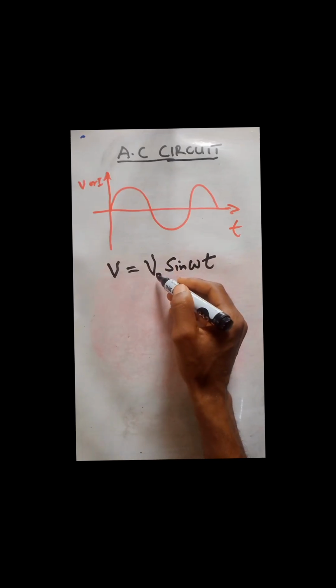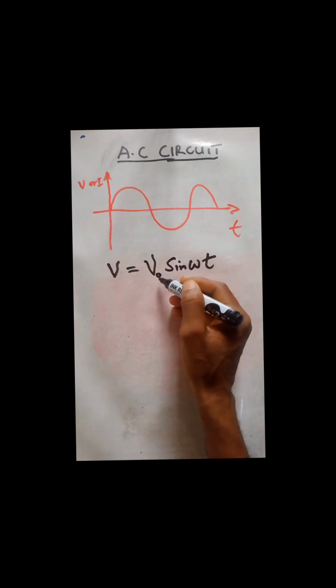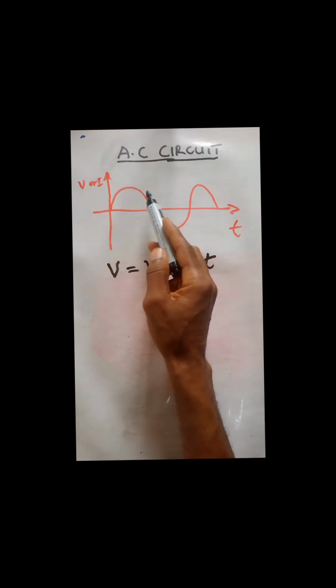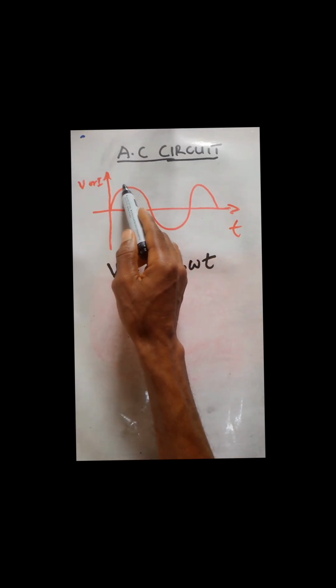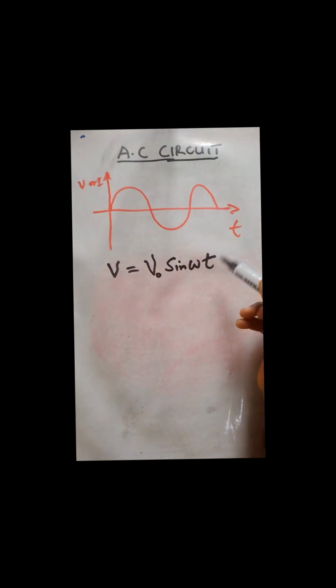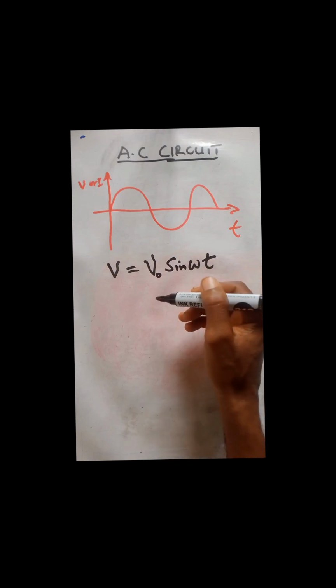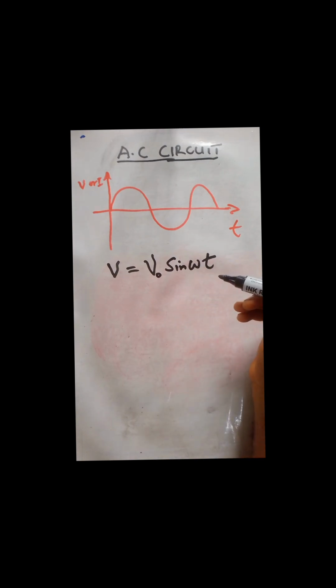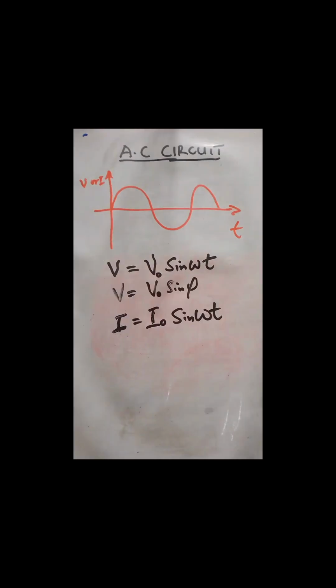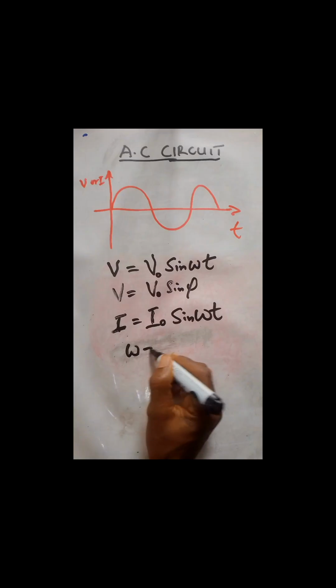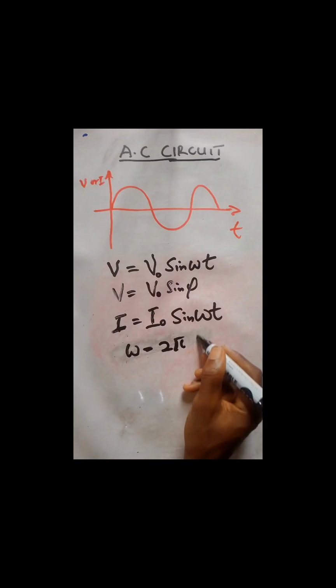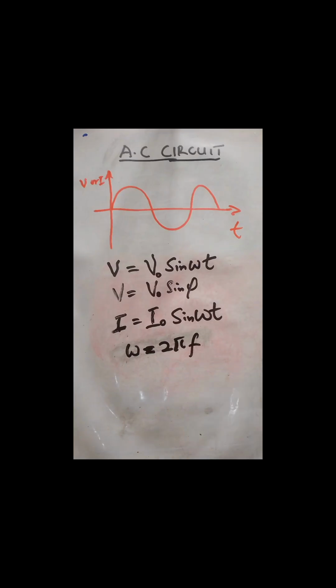V naught, that is V maximum, is your maximum voltage in the circuit. Wt is our phase angle. And what is the phase angle? W is equal to 2 pi f.